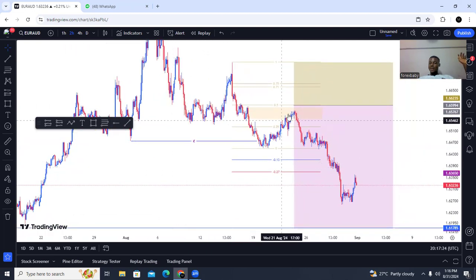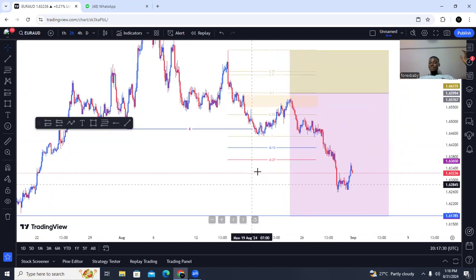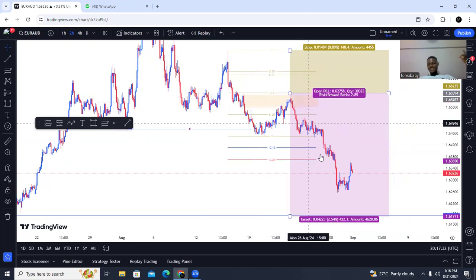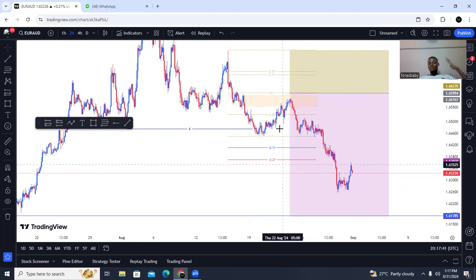I used my fib from here to here, entered at it, placed my limit, and you see, it didn't trigger me or start dropping. It's almost near my TP. Wow, it's pretty annoying anyway. Tell me why it didn't trigger me.